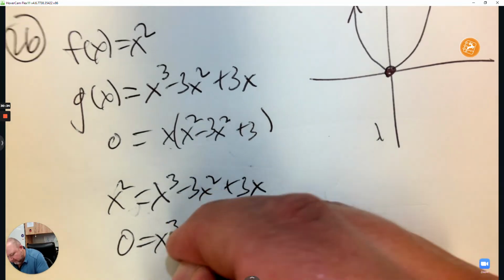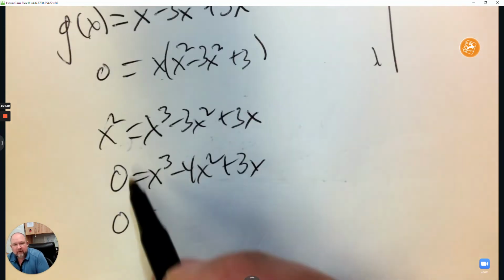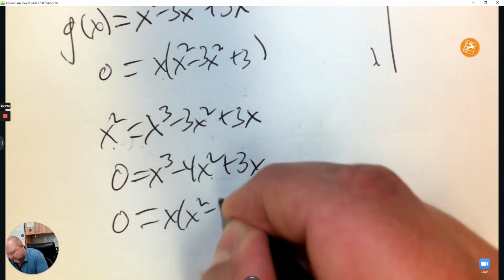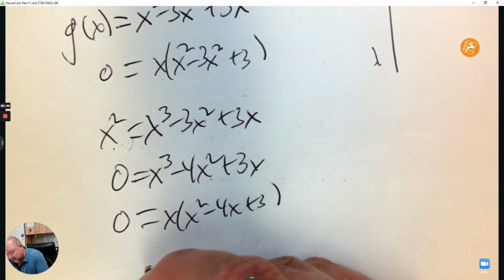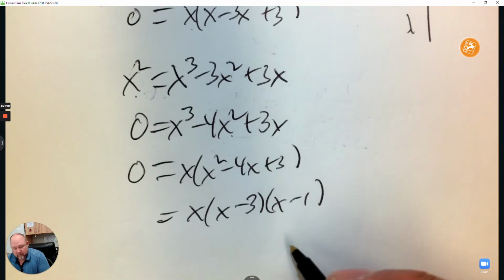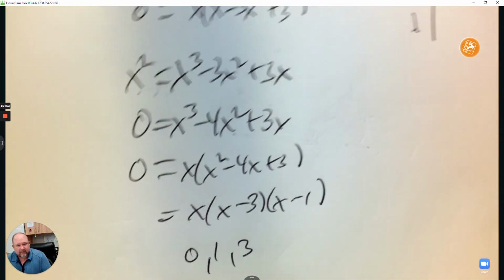So I'm going to make it equal to 0 and go from there. I subtract x squared, make it equal to 0, and factor out an x. This is now factorable compared to the other one I was looking at. So that's -3 and -1. So we have 0, 1, and 3 is where they intersect.